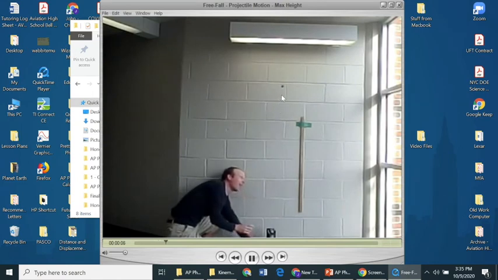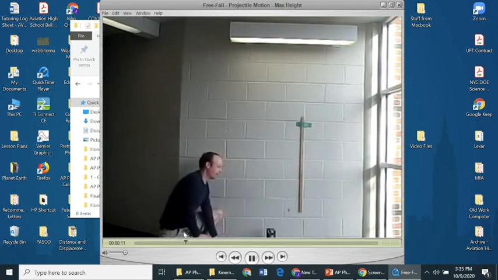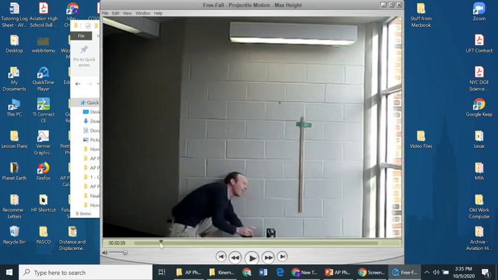So notice the object goes up until it stops. Then it comes back down. Now, it's kind of hard to see that it stops unless you do it frame by frame. So notice I'm advancing the frame forward every second, and right there, I don't know if you can still hear me hitting the keyboard, tapping the frames forward.